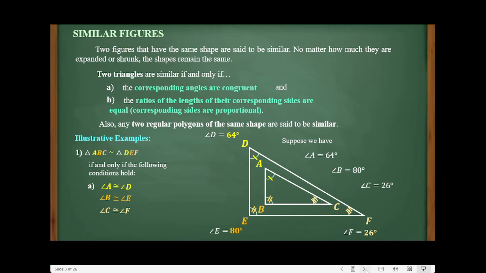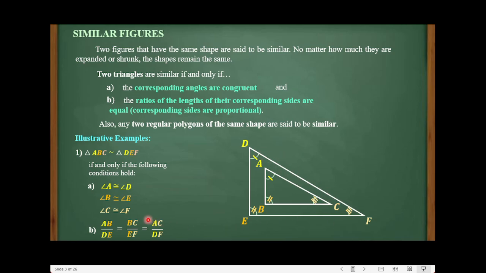Next, we go now to the second condition. Segment AB divided by segment DE is equal to segment BC divided by segment EF, which is also the same as the ratio of segment AC to segment DF.